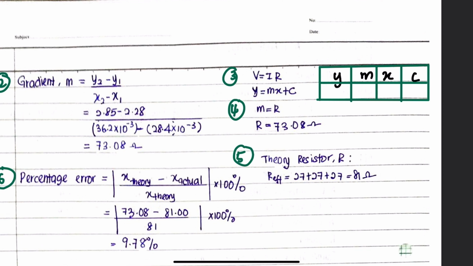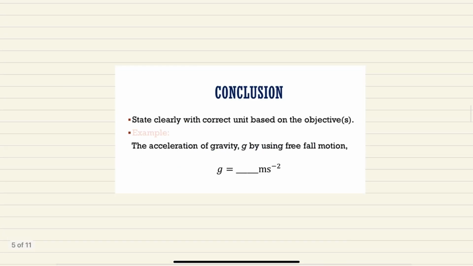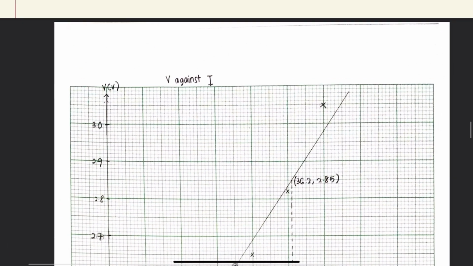Then you're plotting V equals I R, so you're plotting a graph of V against I. Your y-axis represents your voltage, I compare with this one, the gradient represents the R, and the x is the current. Let me go to the graph here.